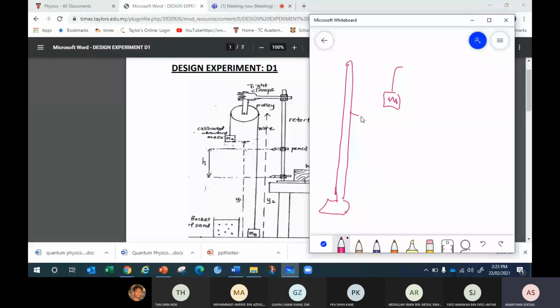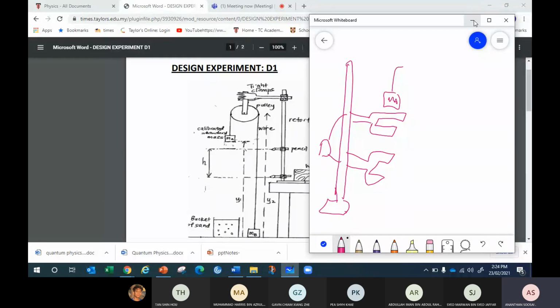You can clamp the photo gate, the light gate, and let the mass pass through it, connected to an electronic timer. Also, one thing missing in the diagram is the ruler. You can put a ruler at the side, and put a set square to check it's perfectly vertical, to find h.